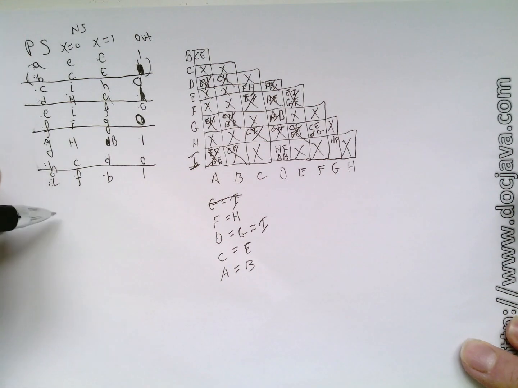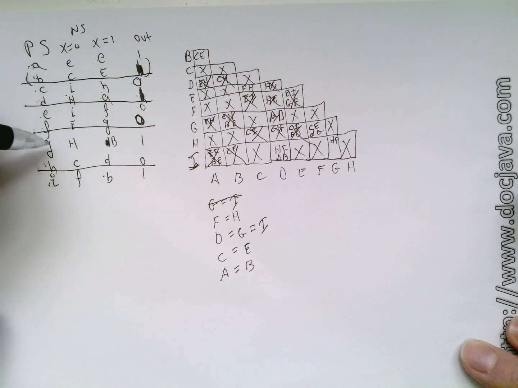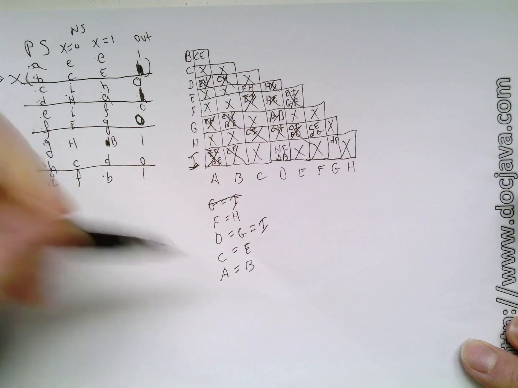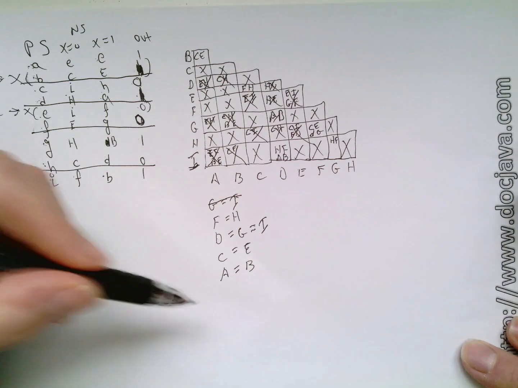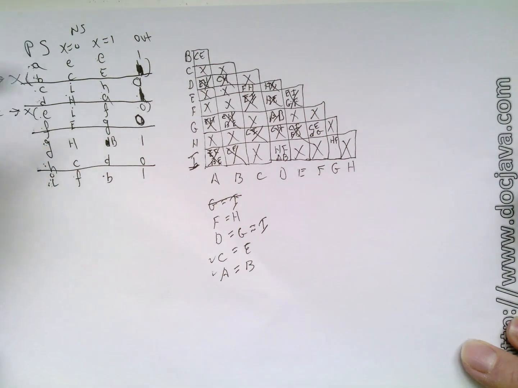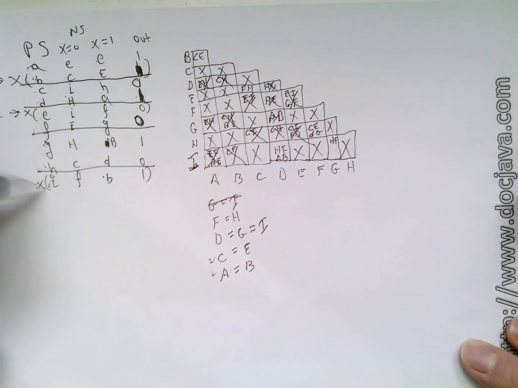And we can rewrite the whole thing if we like, but it's very good if we can just say this will no longer be needed because we can now replace it with A. E is wiped out because that's going to be replaced with C. I is going to be wiped out and replaced with D.